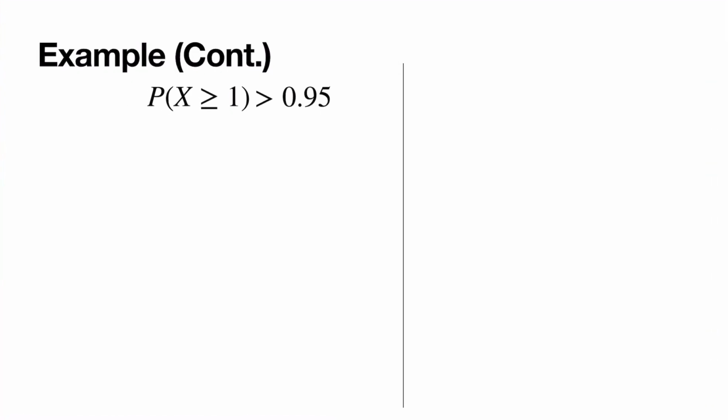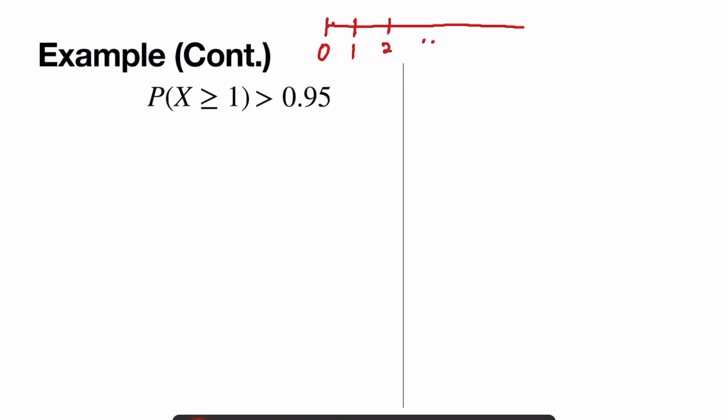Okay, how to use the formula? Our formula starts with 0, 1, 2 until n. We don't know the n. Here is greater than or equals to 1. This is 0.95. What we going to do?